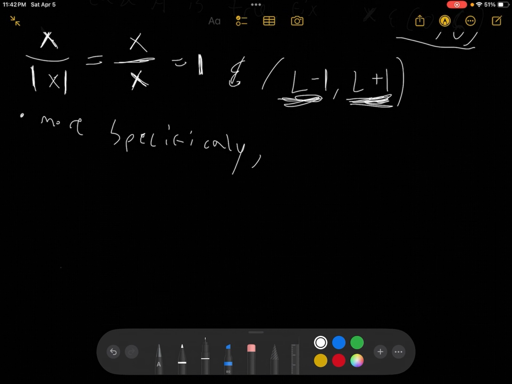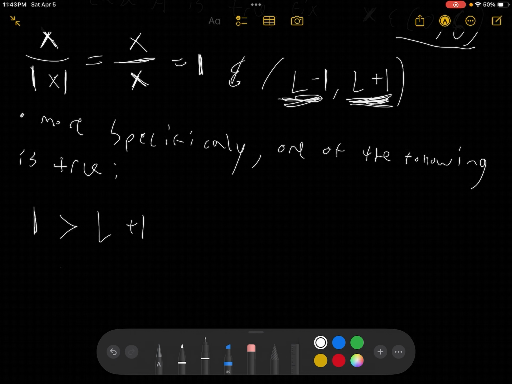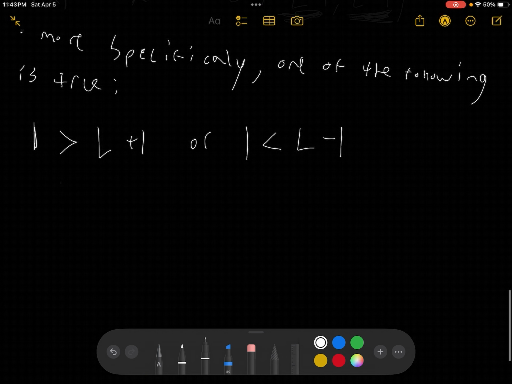So let's say, more specifically, one of the following is true. 1 is greater than L plus 1, or 1 is less than L minus 1.